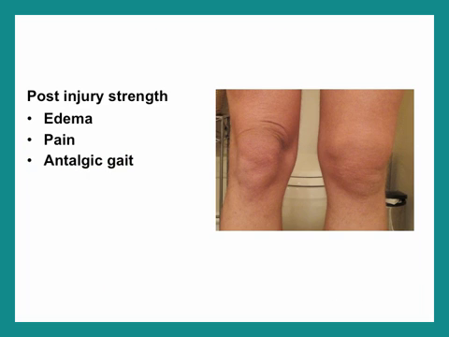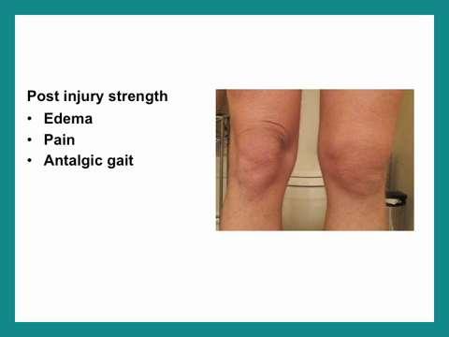So, factors influencing post-injury strength, there are three primary ones. The first one is edema, and you can see in this picture here that this patient's left knee has significant edema. It's said that if there's more than 10 milliliters of fluid in the knee, it inhibits the VMO.